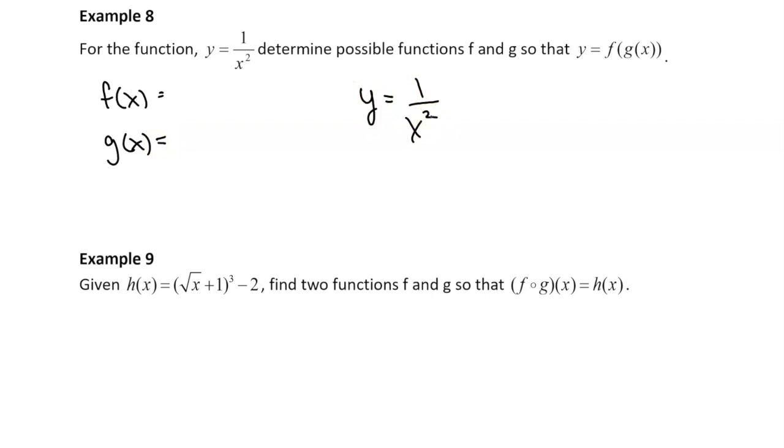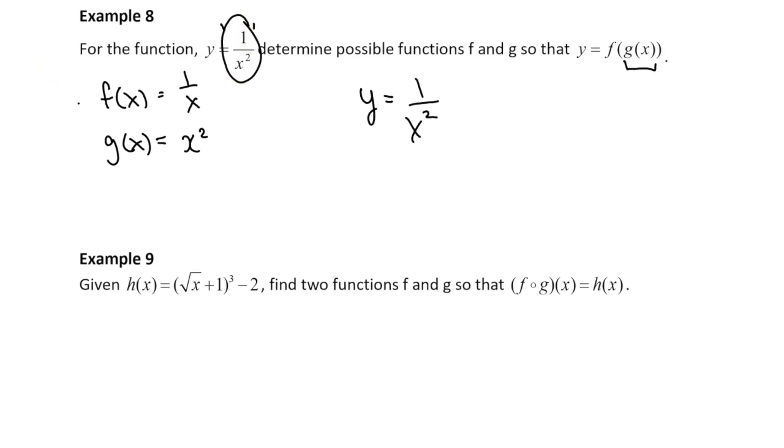If you think about it, you're going to put your g of x into your f of x as a substitution, because the g of x is on the inside here. If we say that g of x is x squared, and that f of x is taking the shape, the shell, of 1 over x, some sort of fraction, then you can do a quick check.